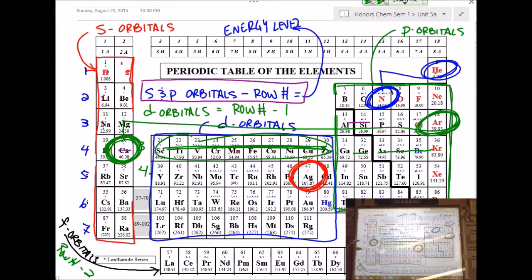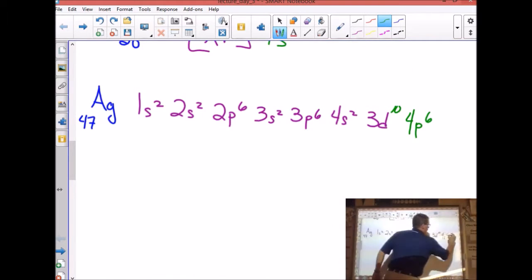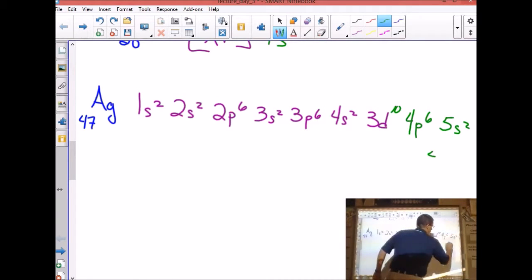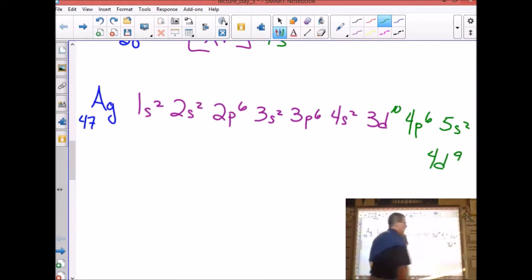So now I'm in the fifth row, which happens to be the same row as silver. So fifth row is 5s2, and then 4d9, excellent. 4d9. And that is the electron configuration for silver.